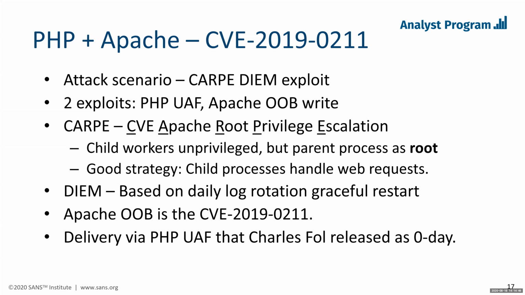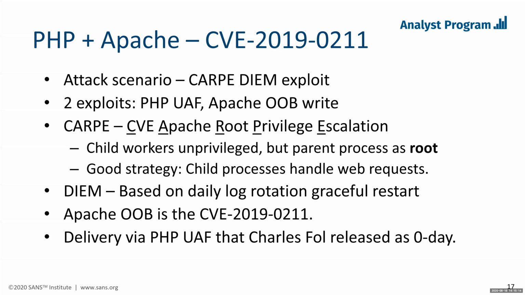I'm going to be talking about this, and there again, I'm going to provide a lot of details. I want to be very clear, and I'm going to repeat this multiple times. In the write-up and the information that was provided, that I implemented and then used, there are actually two different flaws which Charles Foale identified. One was a PHP use after free. I'll talk about the use after free and how that works.